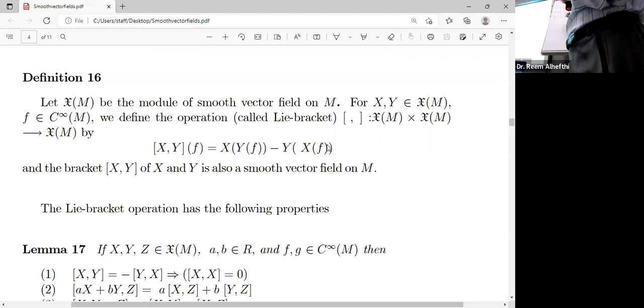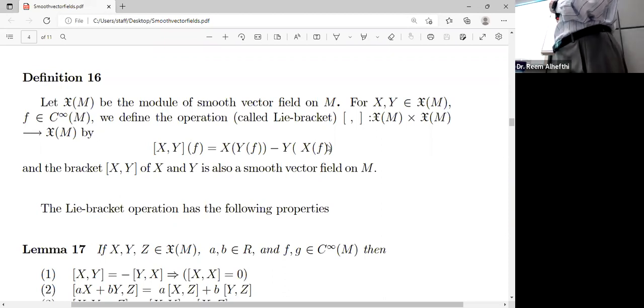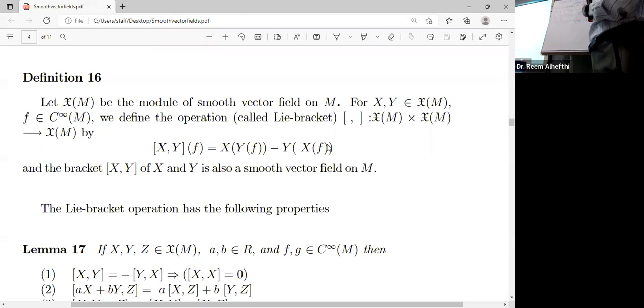It is easy to show that this satisfies those two properties. That is, you can show that, and also the derivation.